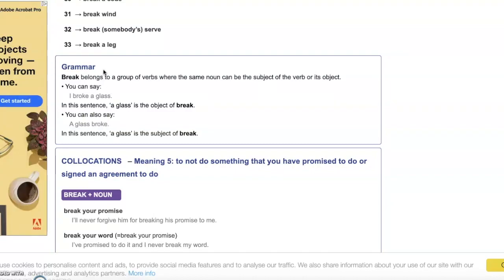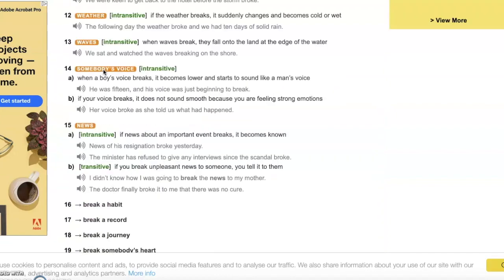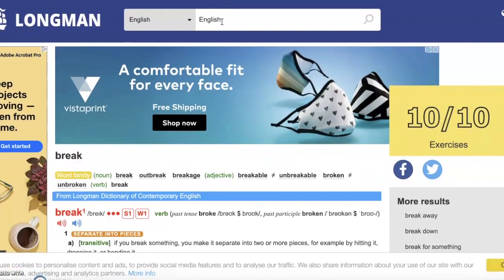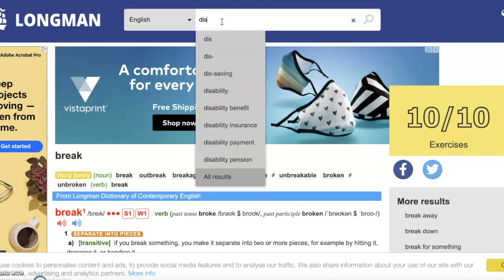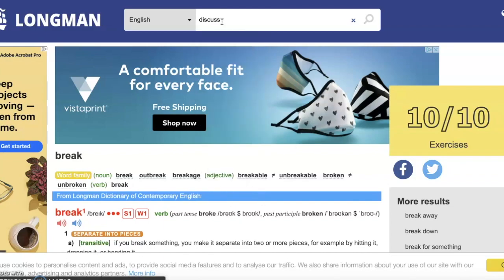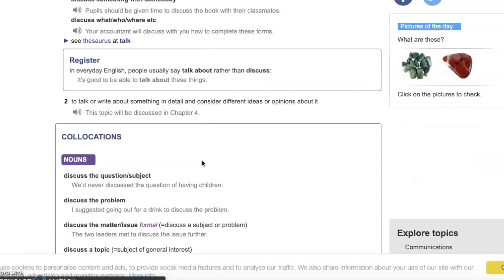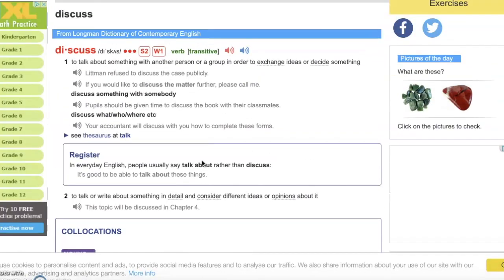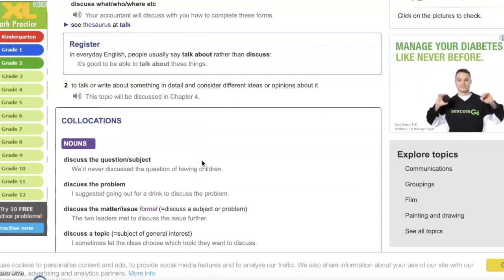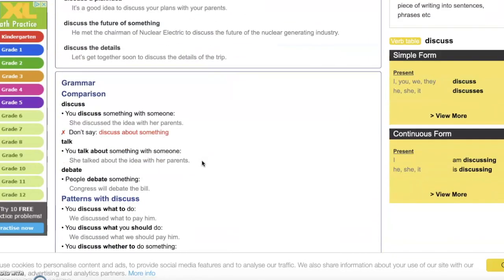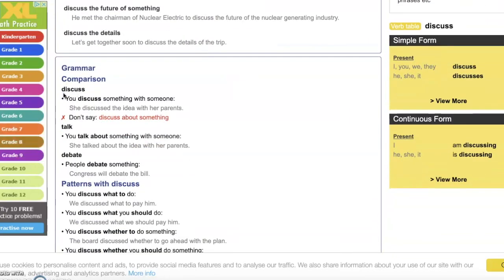These basic grammar notes also point out mistakes that learners commonly make. If you look up the word discuss and scroll down again, you will see that we have a note on a mistake that learners often make.